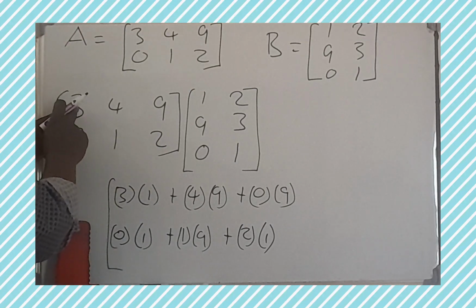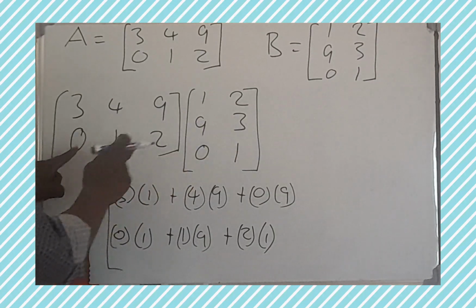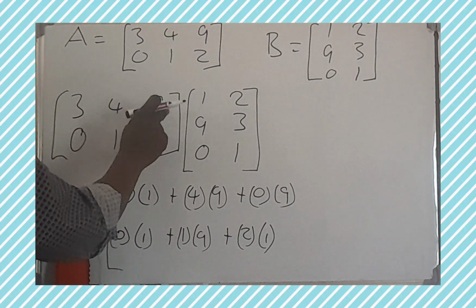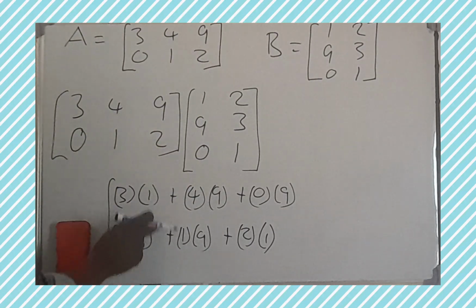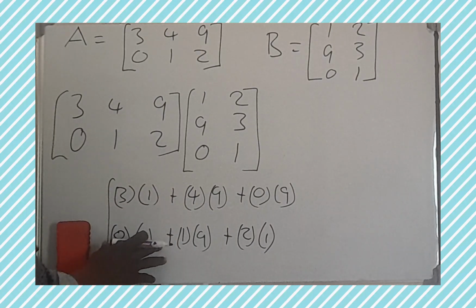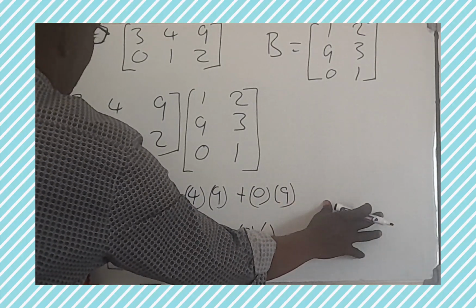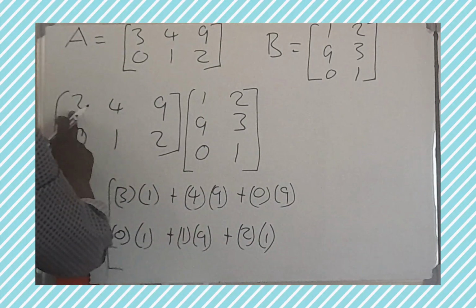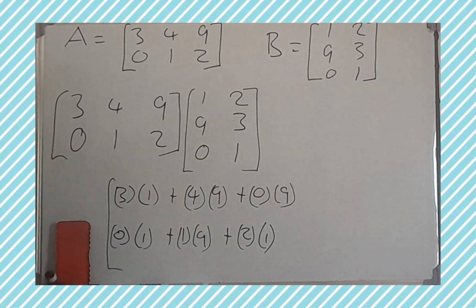Now we are multiplying all the rows of A by this last column. Remember, first we multiply all the 2 rows by this first column here, and we got the first 2 elements of the first column of the product. Now we want the second 2 elements, the second column of our product. We multiply this by that, and this by that. So let's do that.